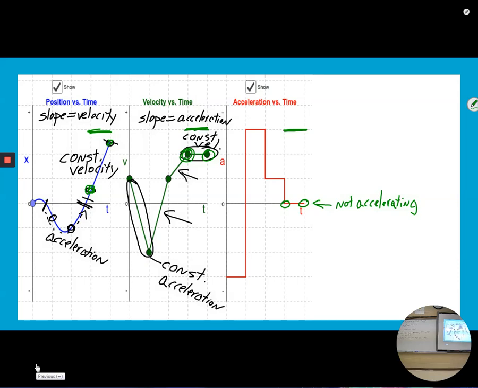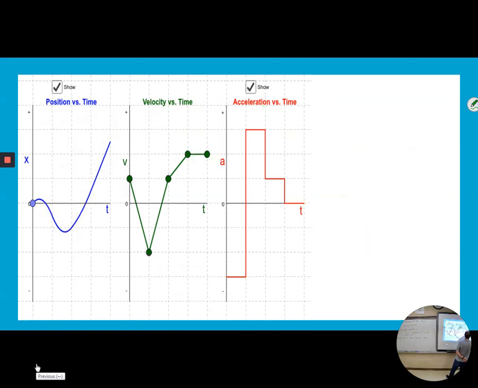All that this graph looks at is change in velocity. The farther you are from the 0 line, the more change you're having. Also down here, you're having more change.